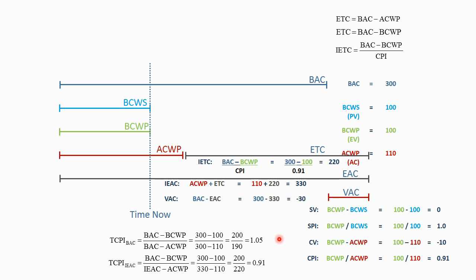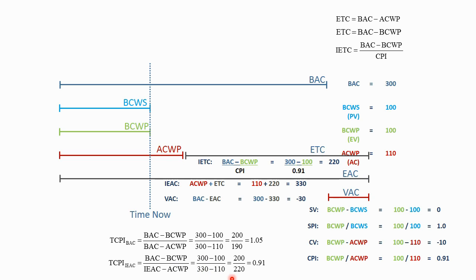Now, if we recompute the TCPI based on this independent estimate at completion, we take the budget at completion minus the budgeted cost of work performed. So 300 hours of earned value in the plan, in the budget, 100 hours of earned value taken, there's 200 hours of earned value left. Now in this case, we take this IEAC of 330 hours in the new budget, the new plan.